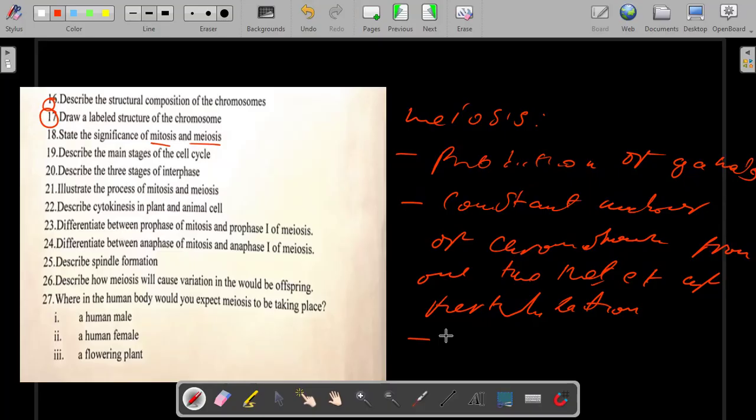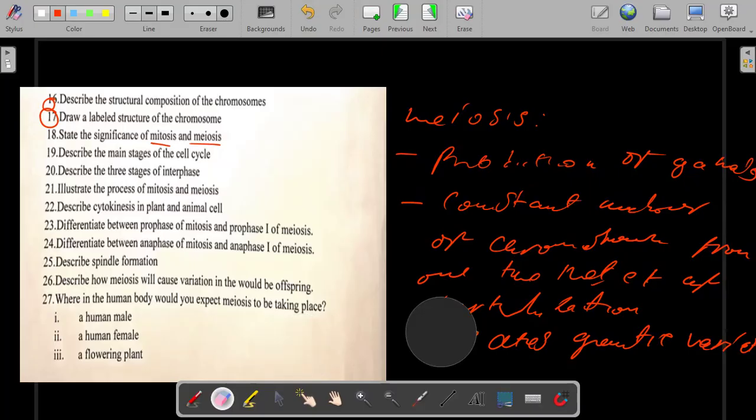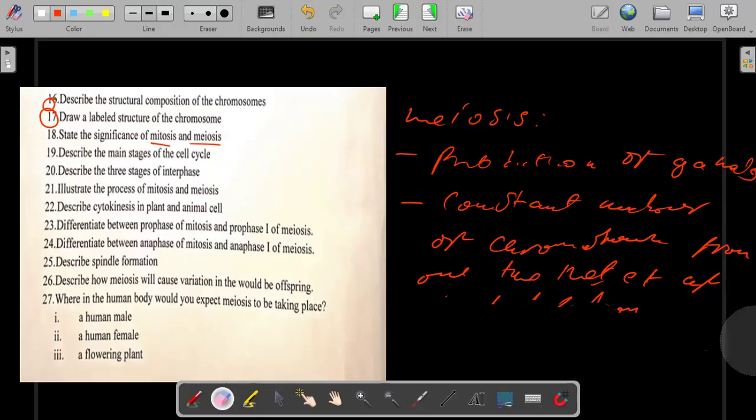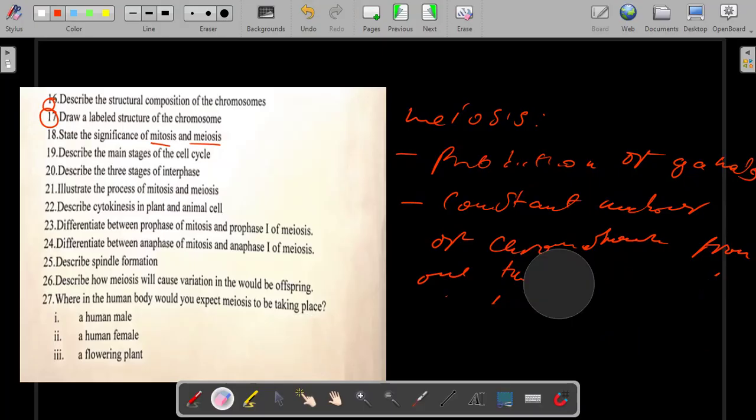So we are saying it creates genetic variation through crossover and independent assortment. So that's the importance of meiosis. Okay, we are done with part 18 there.